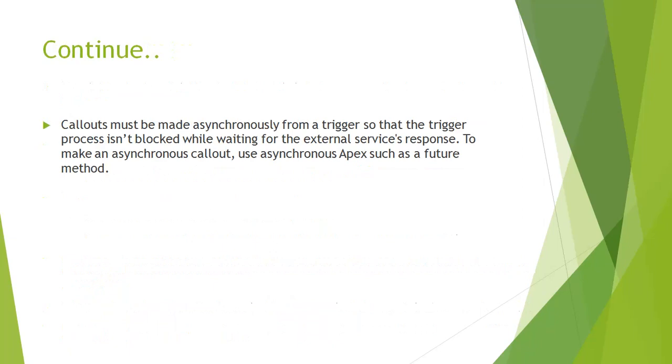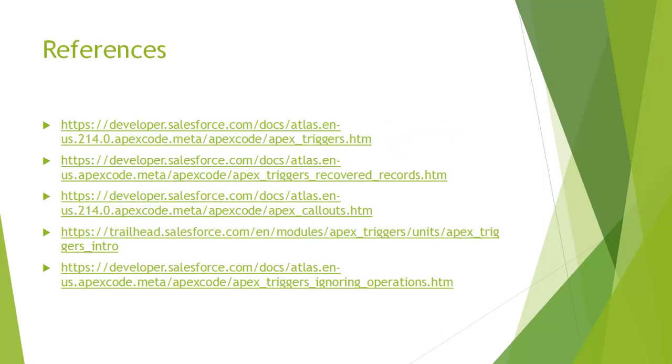And one more important thing: you can't do callouts directly from the trigger. Whenever you want to do callouts from the trigger, you have to use the future method to invoke the callouts.